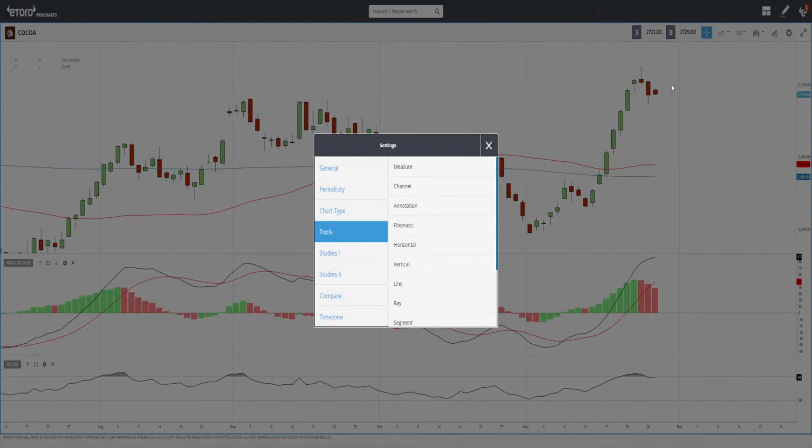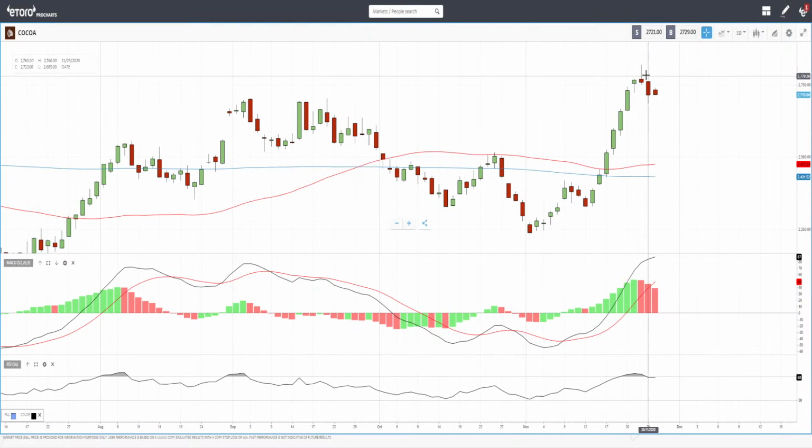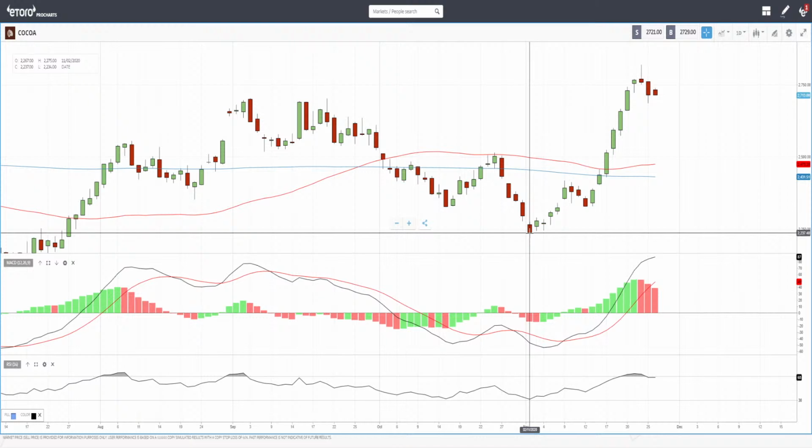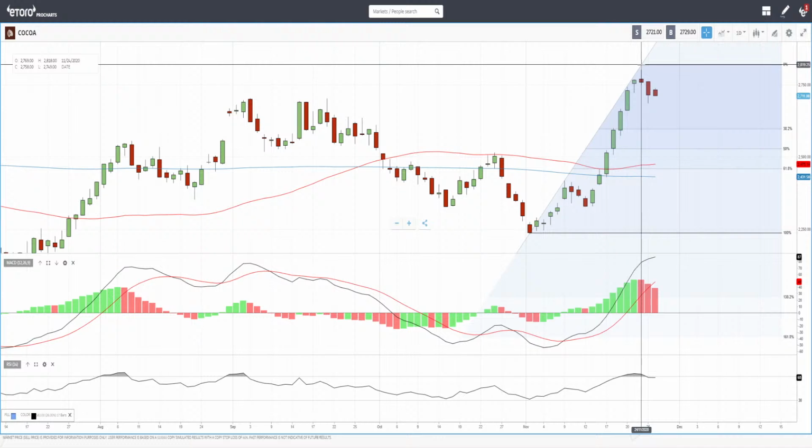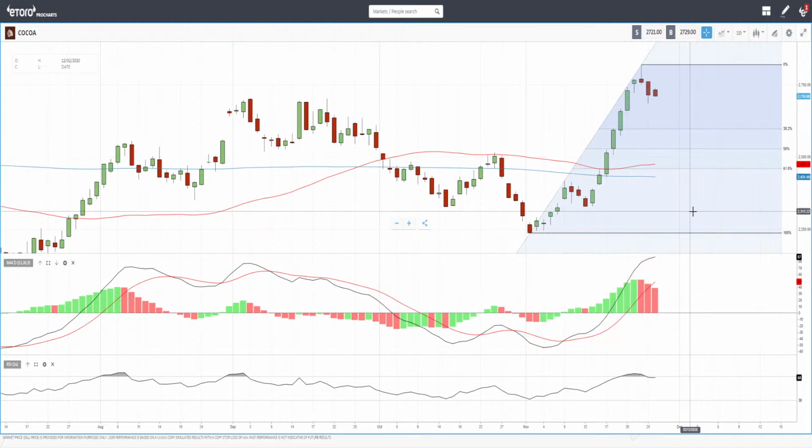So if we look at the Fibonacci retracement for this trade, we take the very lows. You can take it here, but I choose to take it here, longer. The further you are away, the better. Then you drag it all the way up to the very top and click. Here you can see that the first Fibonacci retracement is at 38.2.